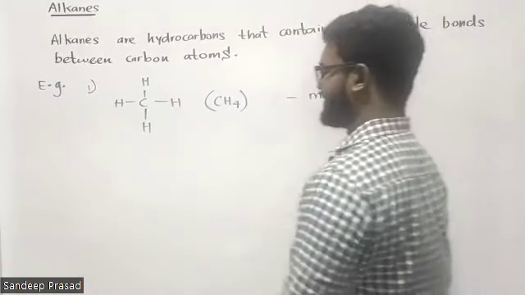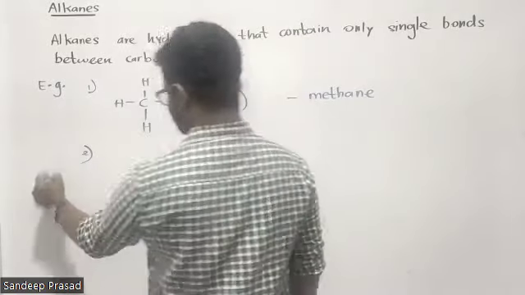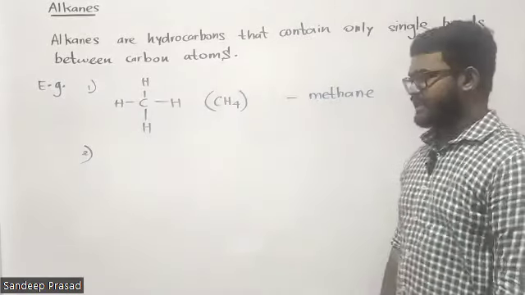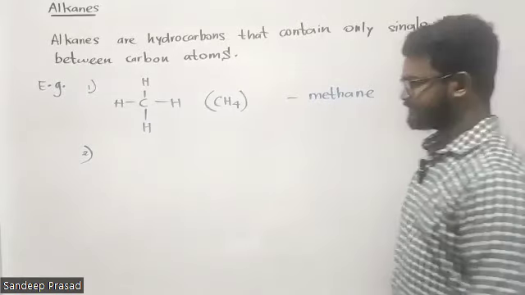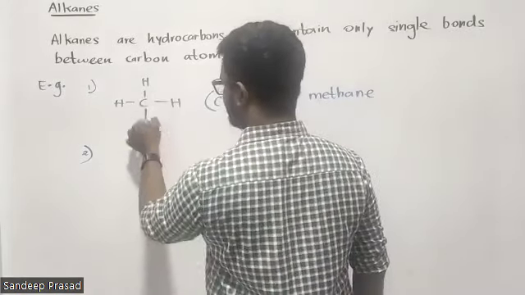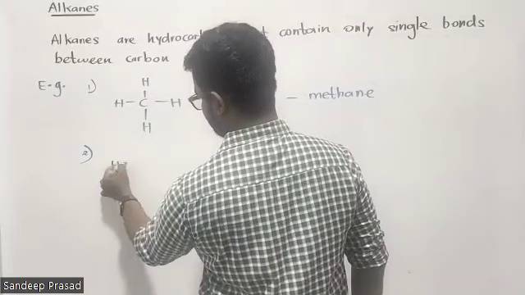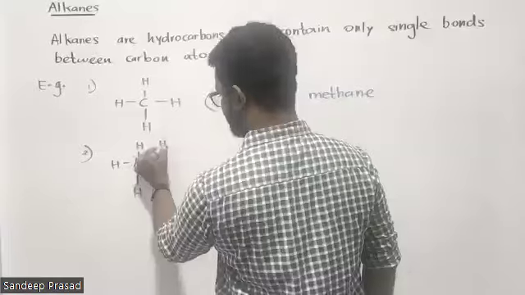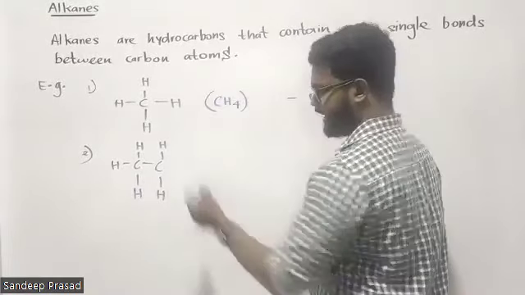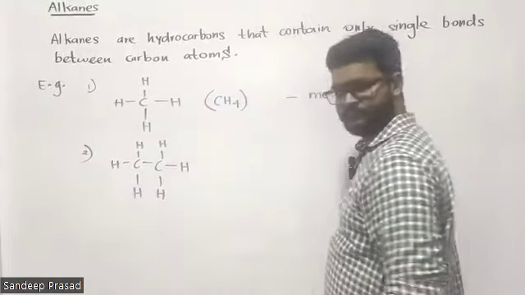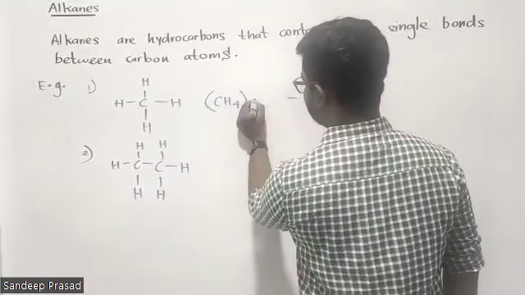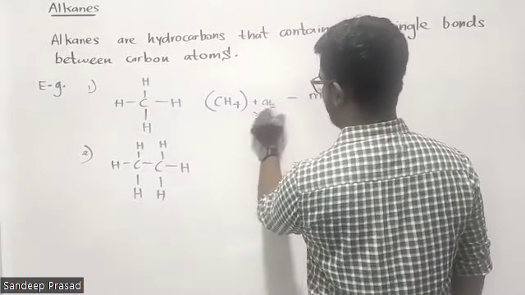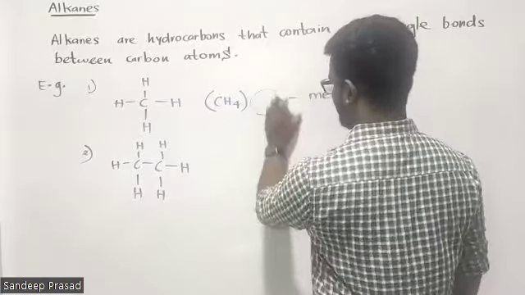Right? So what is the second alkane? In the second alkane, another CH2 group is added here. Same thing is written here, CH3. Another new CH2 group is added, and finally hydrogen. Then we obtain the next one.